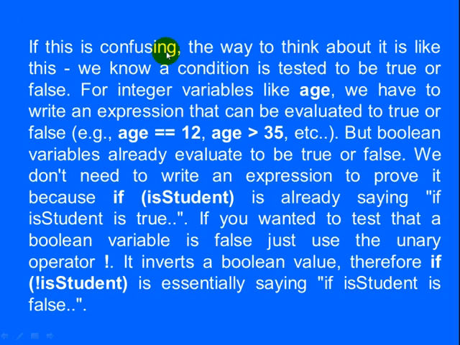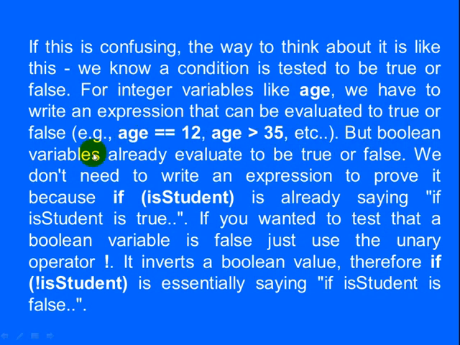If this is confusing, the way to think about it is like this. We know a condition is tested to be true or false. For integer variables like age, we have to write an expression that can be evaluated to true or false. For example, we may write age equals 12, or we may write age is greater than 35, because after the evaluation of these expressions, we shall have either true or false as a result.